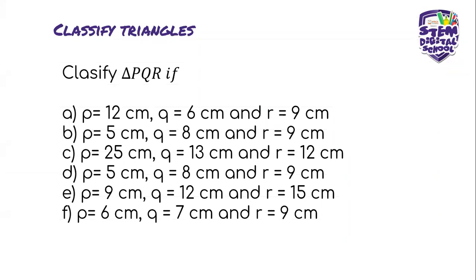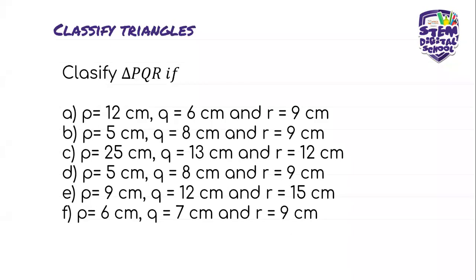You might as well conclude that this triangle is a scalene. Yes, if you say to me now triangle PQR is a scalene, I will fully agree with you. That's number one.